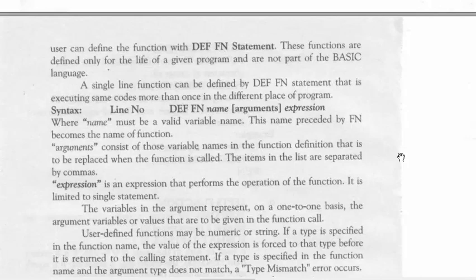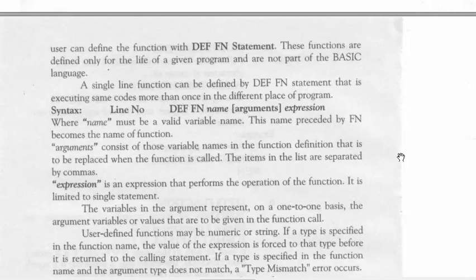Syntax: line number, DEF FN name, arguments, expression, where name must be a valid variable name. This name, preceded by FN, becomes the name of the function. Next are arguments, which consist of those variable names in the function definition that are to be replaced when the function is called.